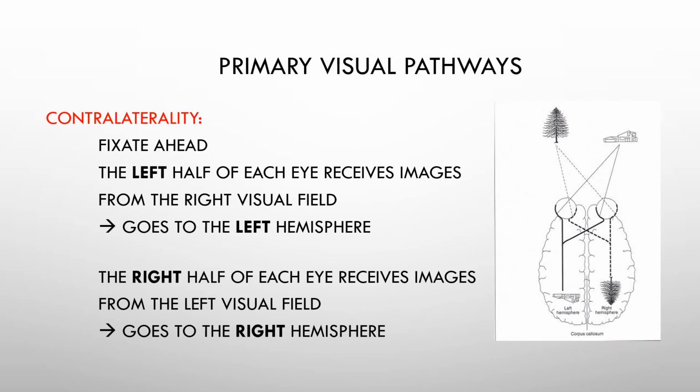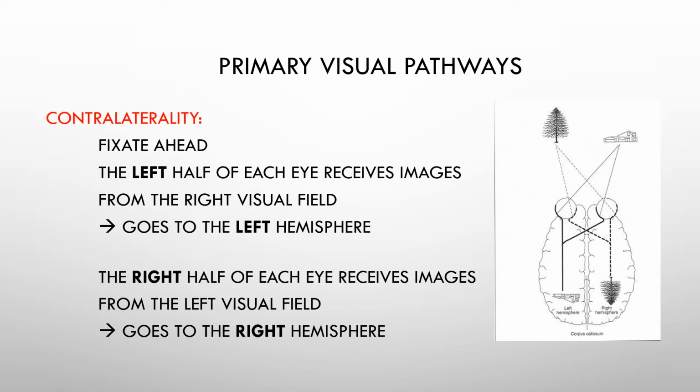One of the aspects of the way visual information is sent to and through the brain is that we have contralaterality. So if you fixate straight ahead, I'm just going to use this example.